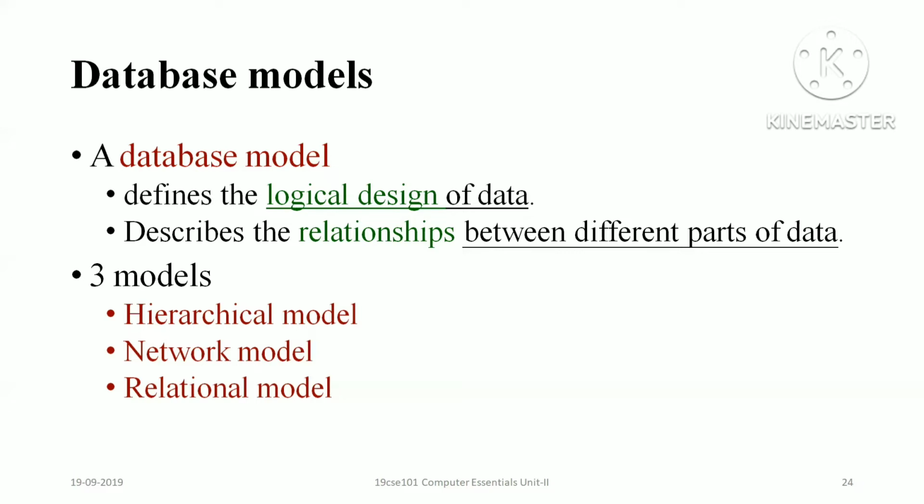What were we going to discuss? The model of a database, right? Now let's talk about what a database model is. A database model is nothing but a set of rules and standards that define how the database is organized, how the database organizes the data.